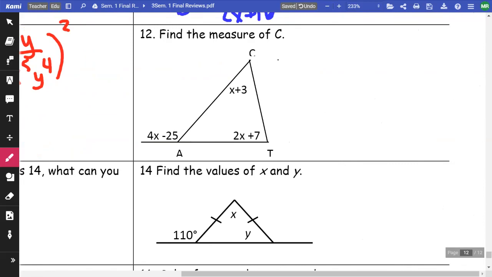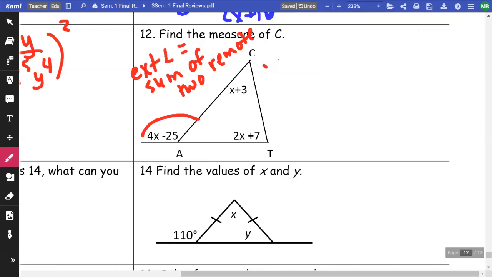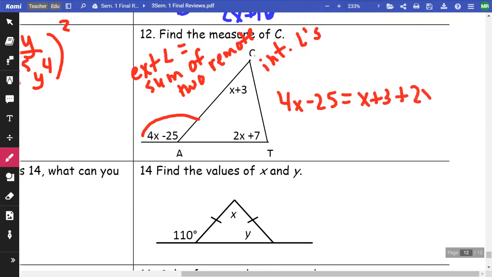On 12, I know that this angle is equal to the sum of these because of exterior angle equals sum of 2 remote interior angles. So 4x minus 25 is going to be the same as the x plus 3 plus the 2x plus 7.